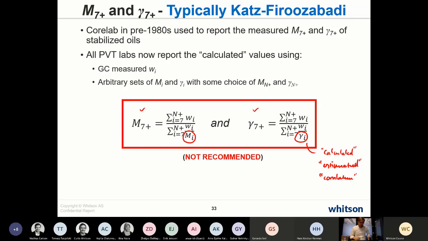That sum includes all the fractions, including C7, C8, C9, and up to C36+. Yes, exactly. So this goes from C7 to, for instance, C36+, and I guess the higher the carbon number or single carbon number component, the more uncertainty there is, and potentially the more it can deviate from specific gravities and molecular weights.